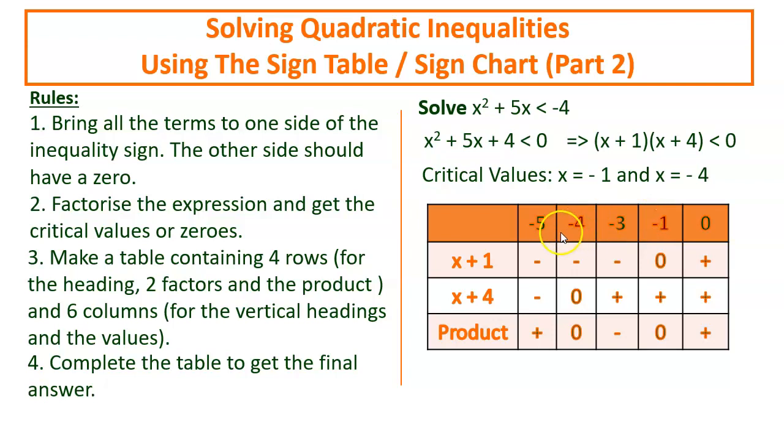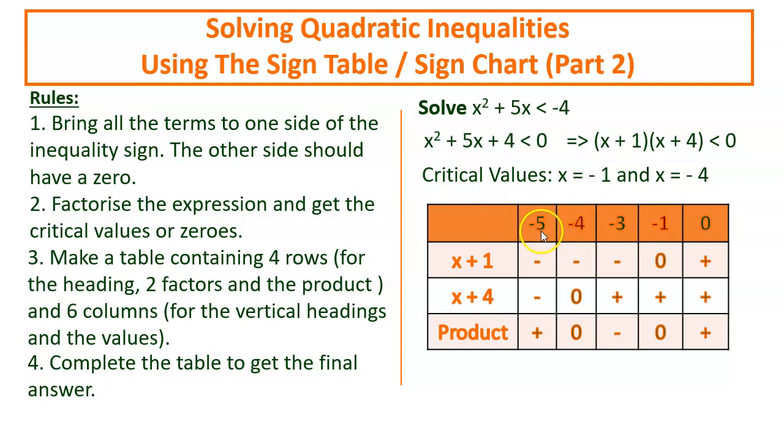So you have to write -4 first, because -4 is less than -1. We will have one value to the left and one value to the right of each of these two zeros or critical values.